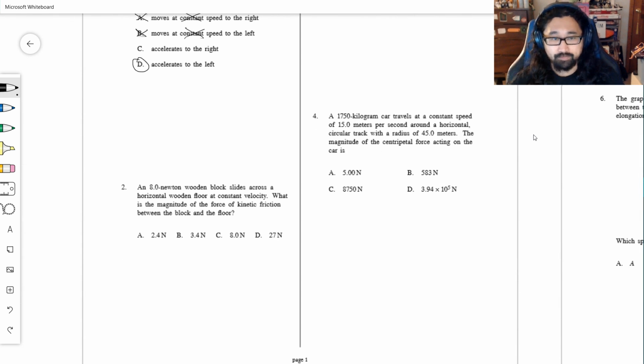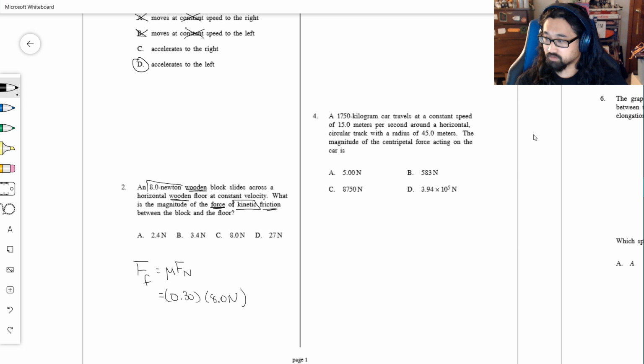Moving on to number 2, we have an 8 Newton wooden block sliding across a horizontal wooden floor. So I have a wooden block on a wooden floor. So I need the force of friction, and they tell me that it's kinetic. So I know the force of friction is mu times the normal force, which means in this case that it's 0.30 times 8 newtons.